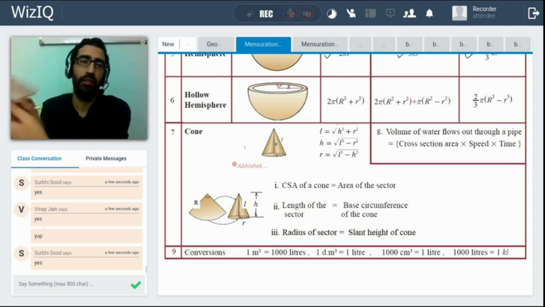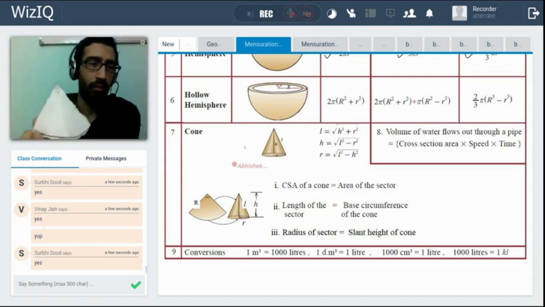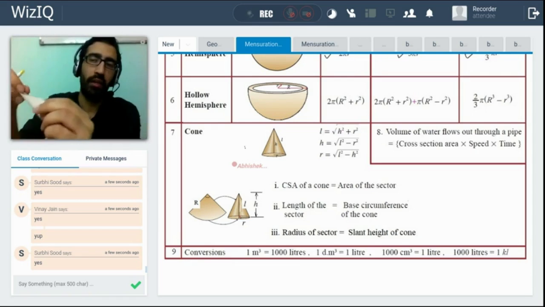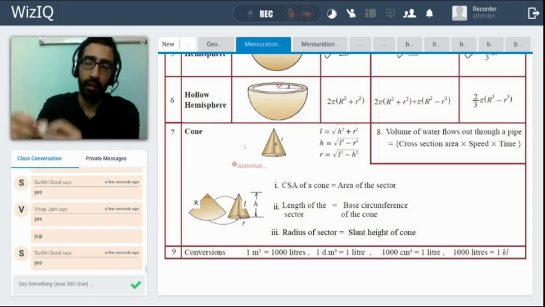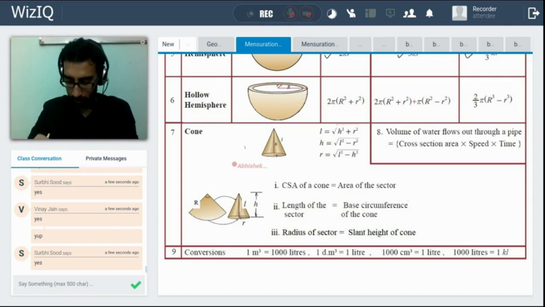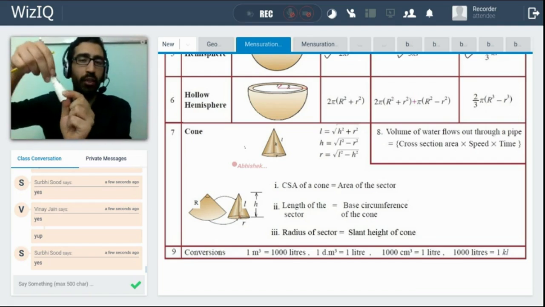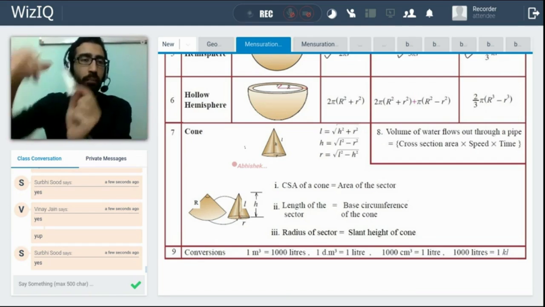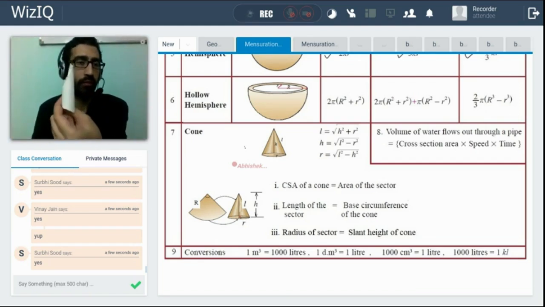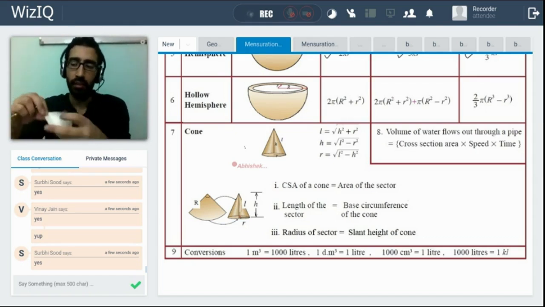So what I've done is I've joined the two end radii and formed a right circular cone. It's not a perfect cone, but this is what it will look like.